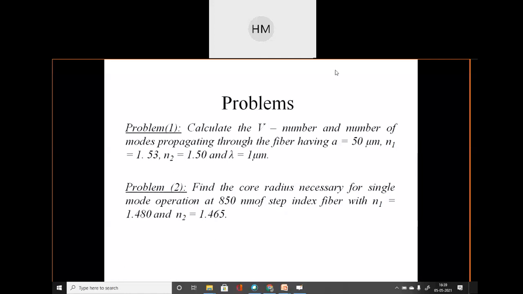So what do you have to calculate here? Here you have to calculate beta 1 and beta 2 in this numerical, okay? That is the range of propagation constant, beta 1, beta 2. And next, what is the maximum number of modes supported by the guide?